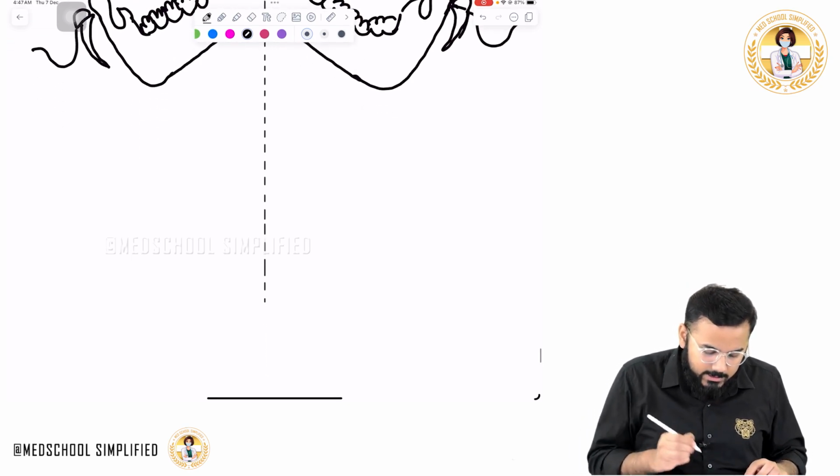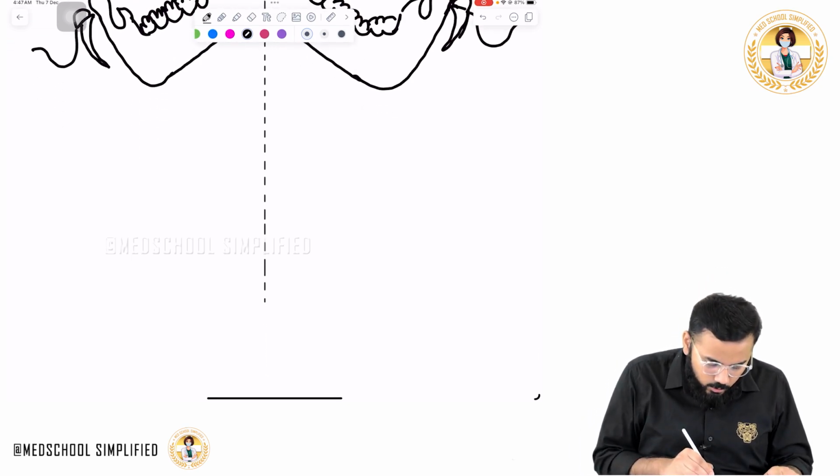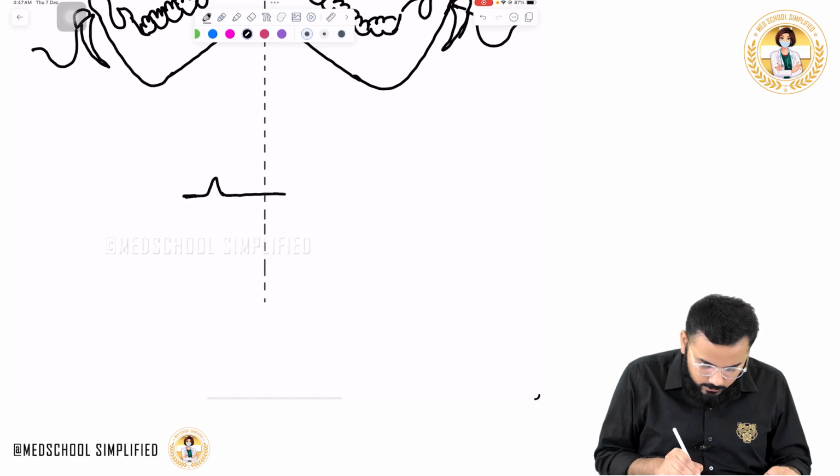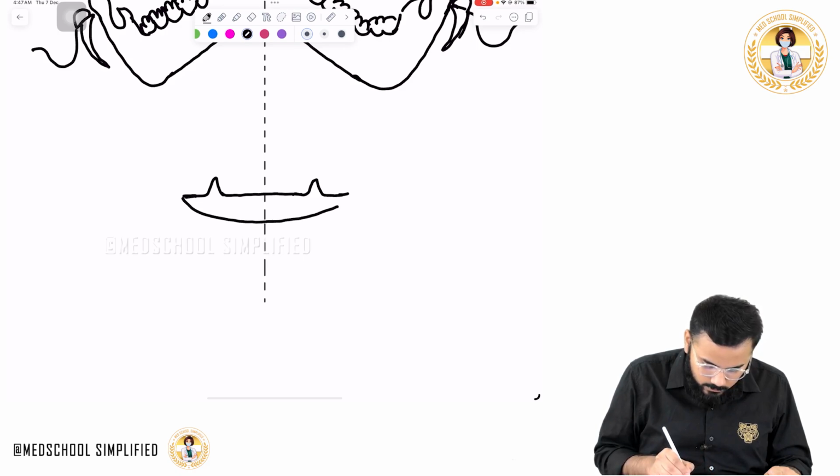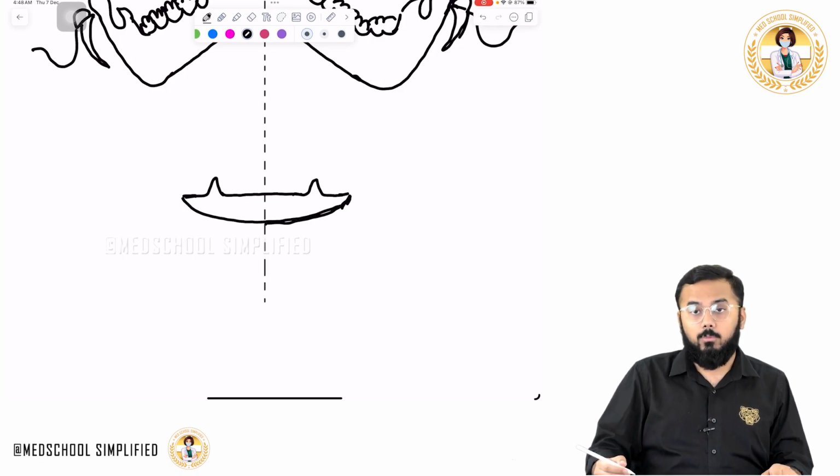Now in the midline, in the center, you have a particular bone like this. This particular bone which you can see in the center is called your hyoid bone.